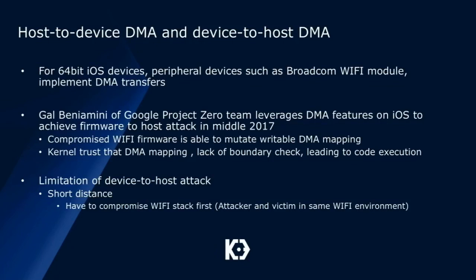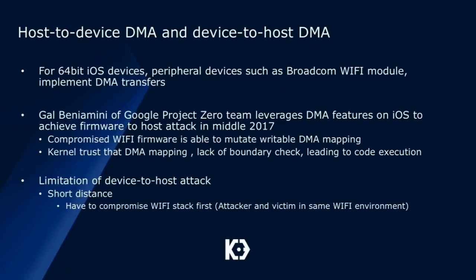In 2017, Gao from Google Project Zero leveraged the DMA features on iOS to achieve a firmware-to-host attack. He compromised the Wi-Fi stack first, and then tried to mutate some writable DMA mapping in the device memory, which is also shared with the OS kernel memory.